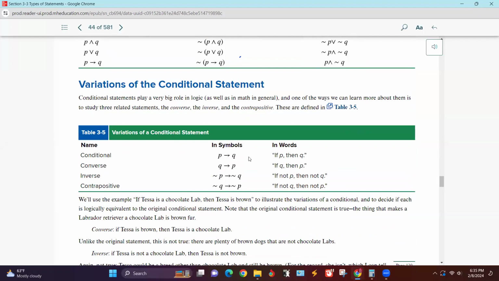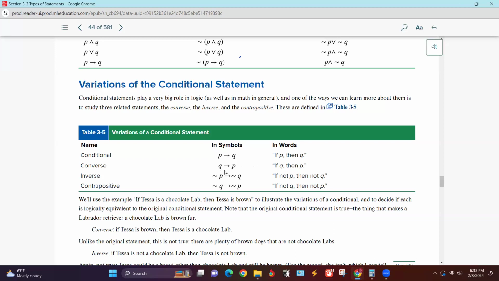So the conditional statement would be just if P, then Q. The converse, they turn them around. In other words, P and Q just swap places. Q walks up to where P is at, and P walks over to where Q is at. That's called the converse.